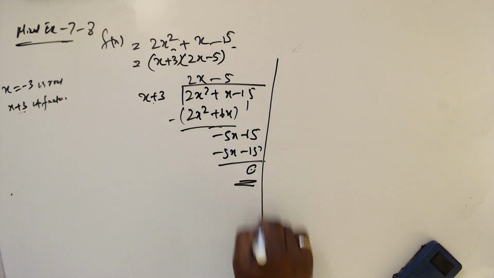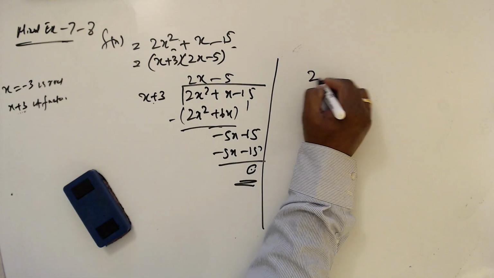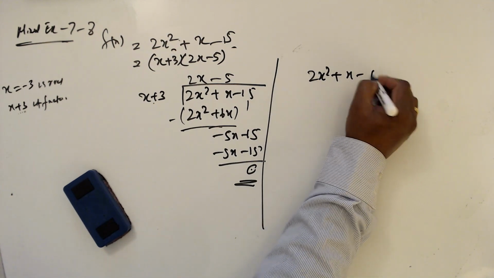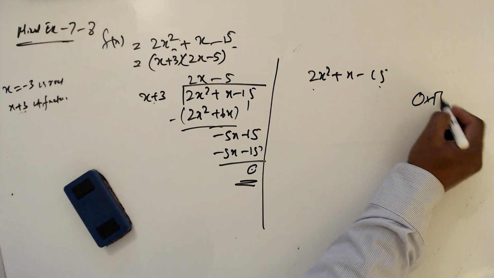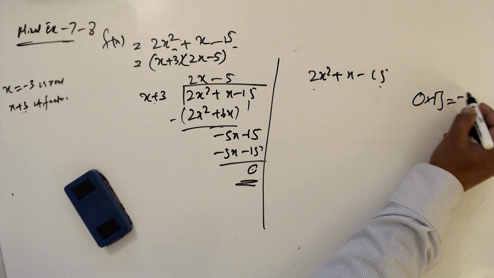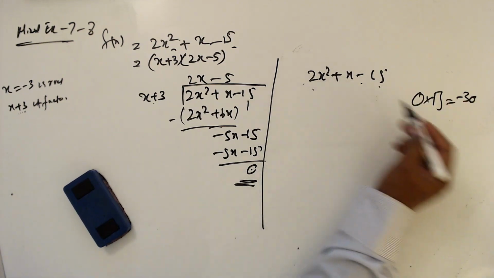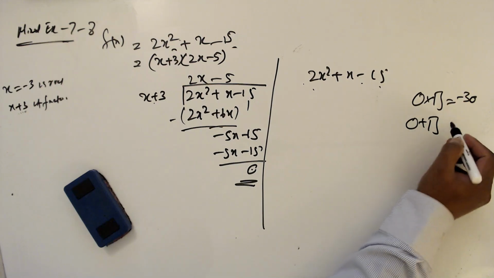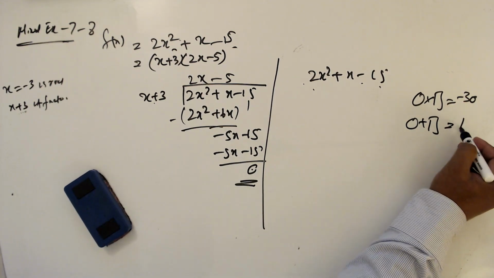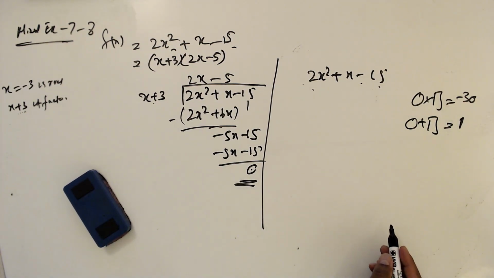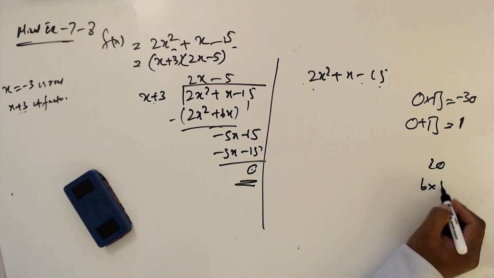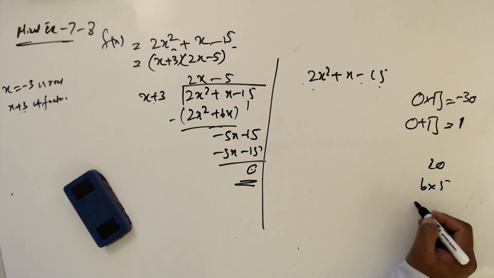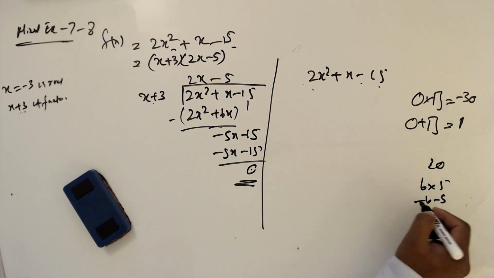Or you can work it out this way, 2x squared plus x minus 15. When you multiply two numbers, you want to get minus 30, and when you add those two numbers, you want to get 1. So what are the two numbers? 30 I can break into 6 times 5, so plus 6 and minus 5.